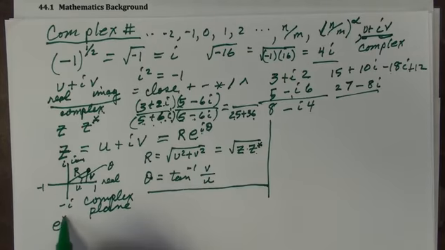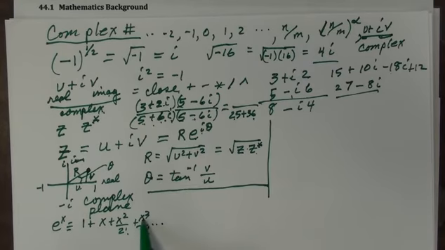You recall that e to the x is by definition 1 plus x plus x squared over 2 factorial plus x cubed over 3 factorial all the way to infinity. It turns out that this always converges because even though a large number like 1,000,000 is taken to higher and higher powers, at some point that is always overcome by the power of the factorial.